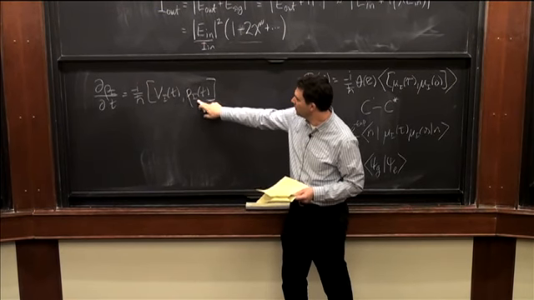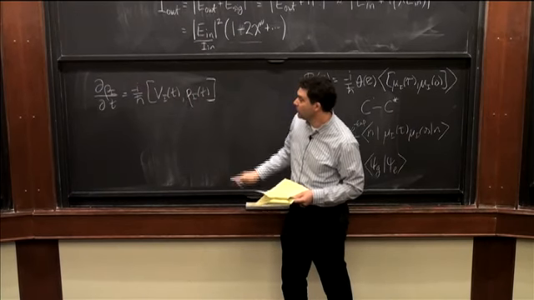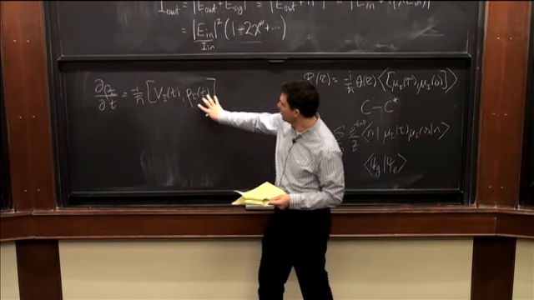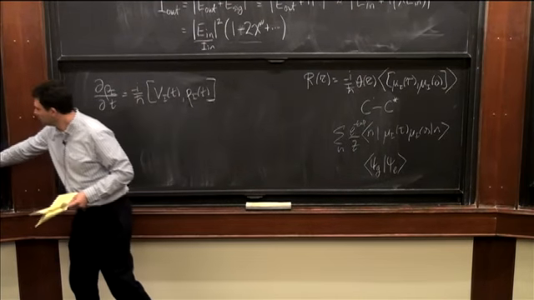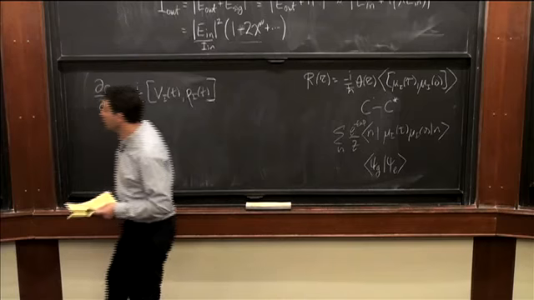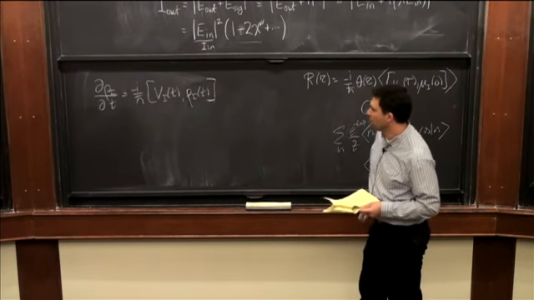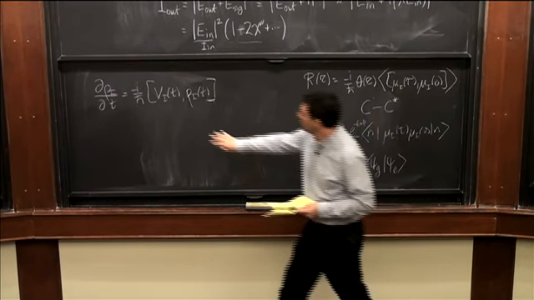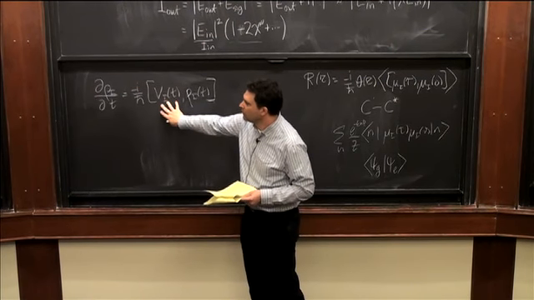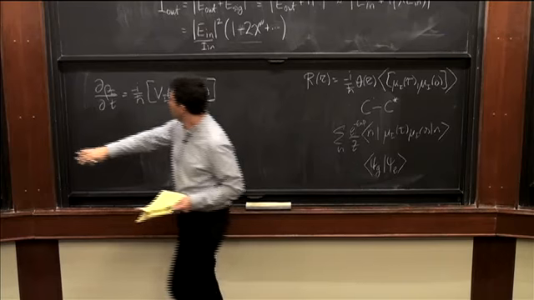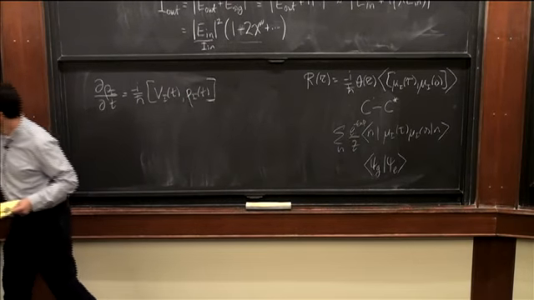I'm just being very explicit at the moment, it won't be later, that we're writing everything in the interaction picture. So the time evolution of this density matrix follows just like the rest of the operators. And this is the interaction picture Hamiltonian, which also comes from the transformation of this interaction.